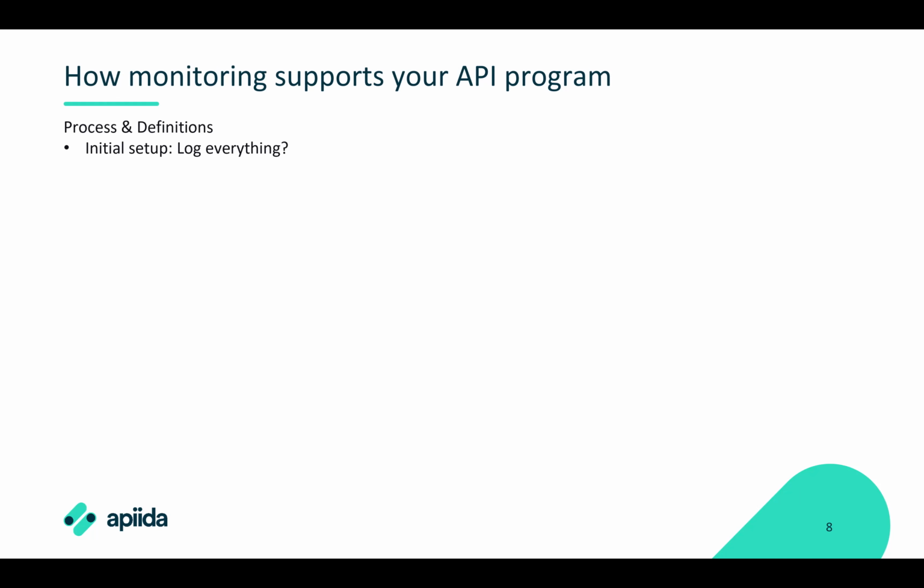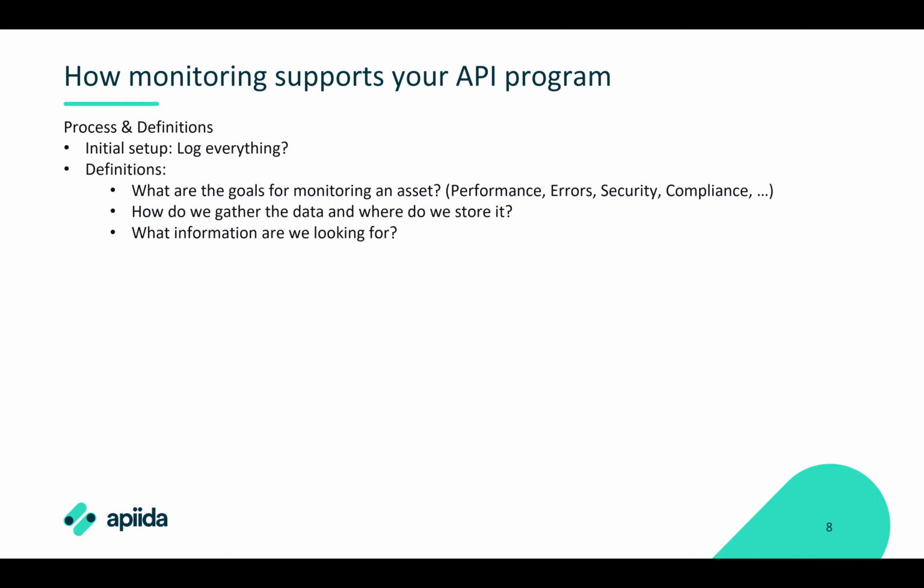And I think a better approach might be to first define what are your goals, right? What do you want to see actually? Do you need data about performance, like key performance indicators, like how much time did it take from the API management layer to the backend service and back, right?